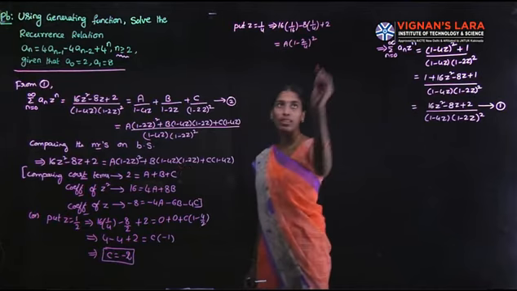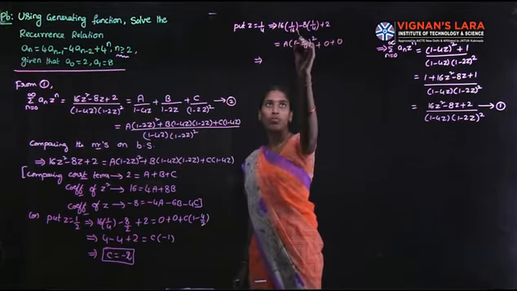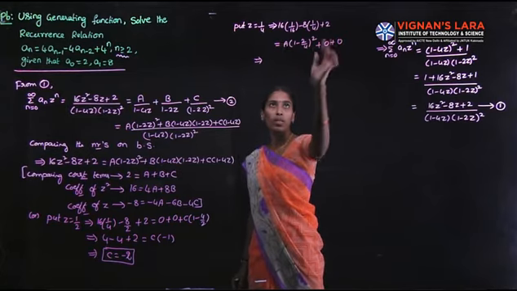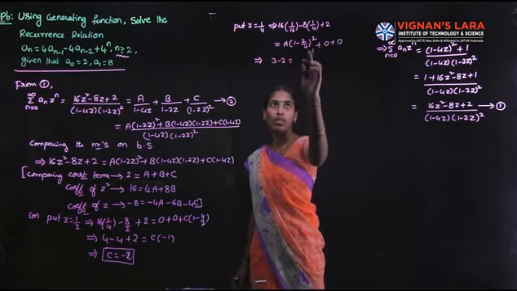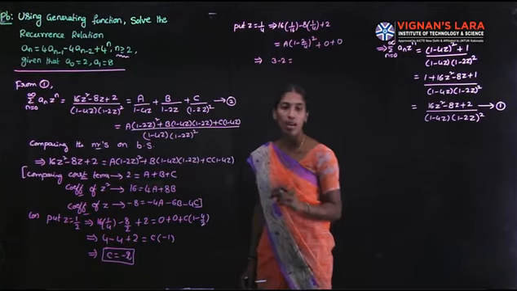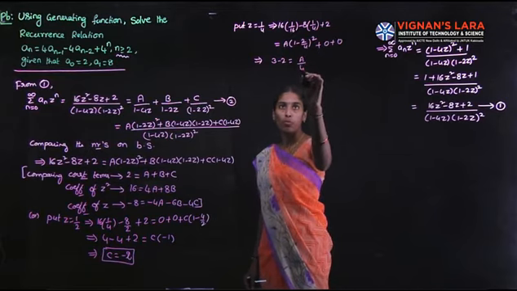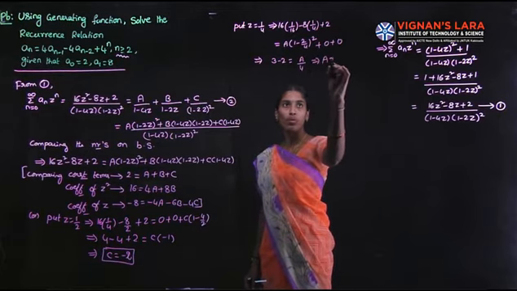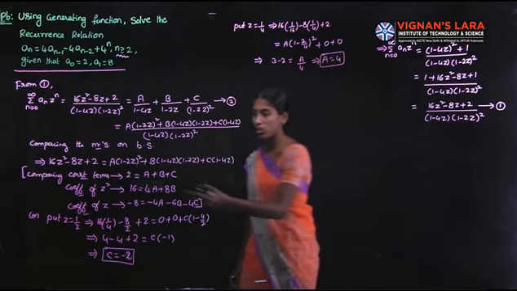Second term and third term become 0. 1 plus 2, 3. 8 by 4, 2. It is half. 1 minus half is half. Half square is 1 by 4. So, what is the value of A? A value is 4.